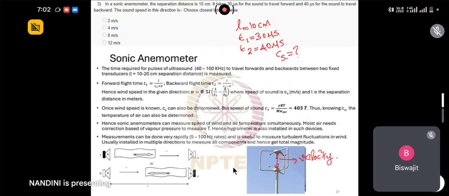The answer is 8 meter per second actually. The time is given in microseconds.